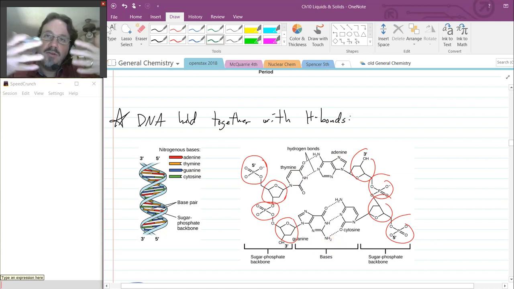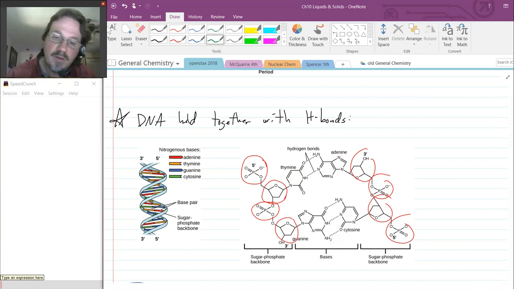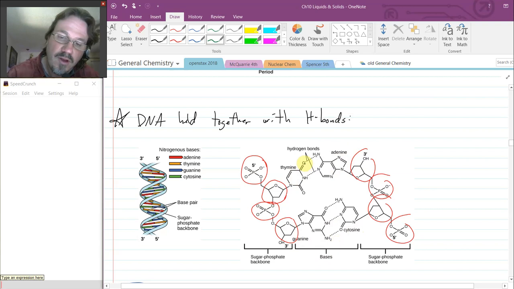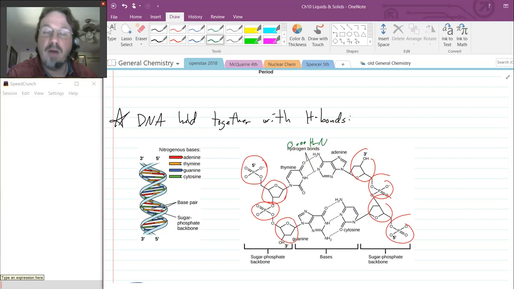To connect those bases from the one side to the other side are H bonds. If you look at this, I've got an O over here, and I've got an H2N. So here's my H connected to a nitrogen on this side. And then here's an oxygen over on this side. And they're going to H bond then because I've got everything I need. I've got an H connected to an O, N, or F. And on the second molecule, I have an O, N, or an F.